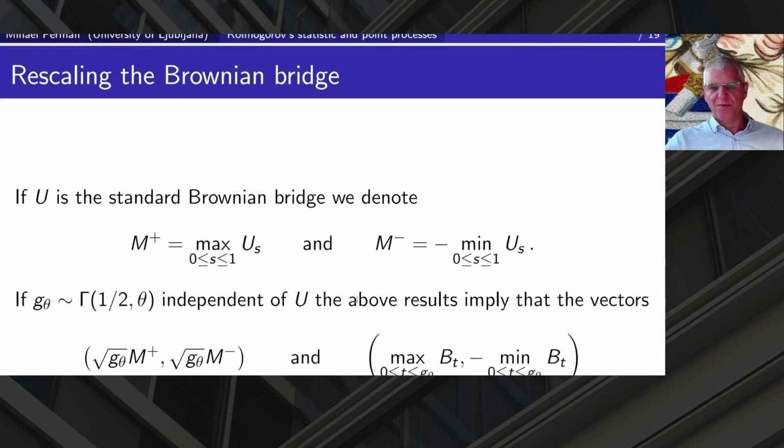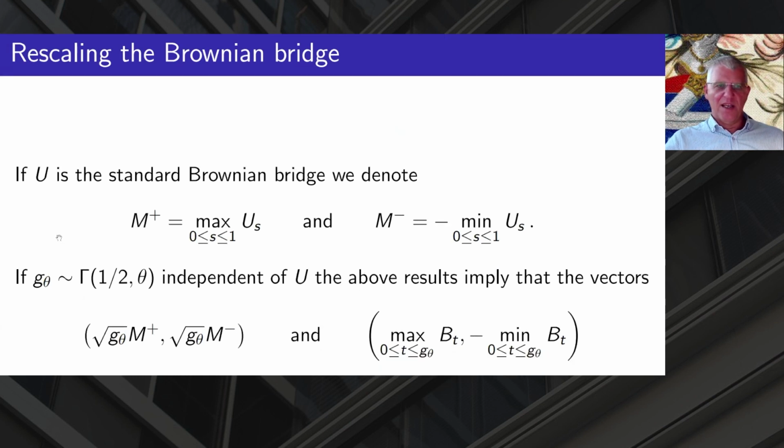Now, first I need some notation, right? If U is the standard Brownian bridge, we can look at the maximum on the positive side and the minimum of the Brownian bridge, multiplied by a minus, so that both these random variables are positive. And Dynkin tells us one more thing.